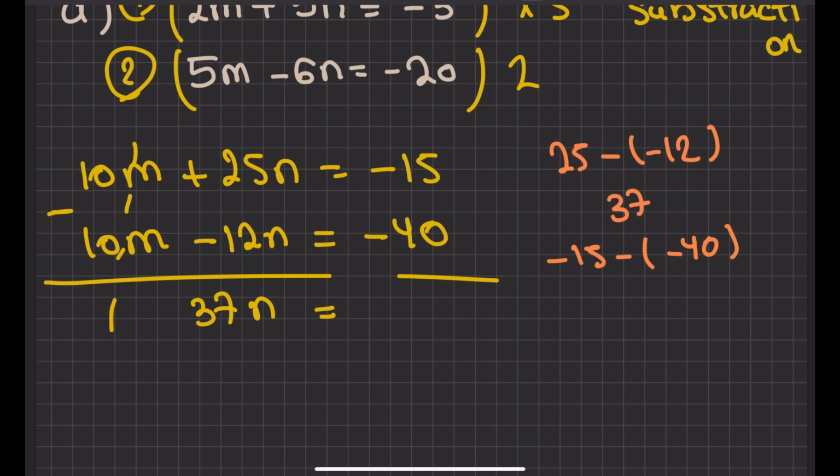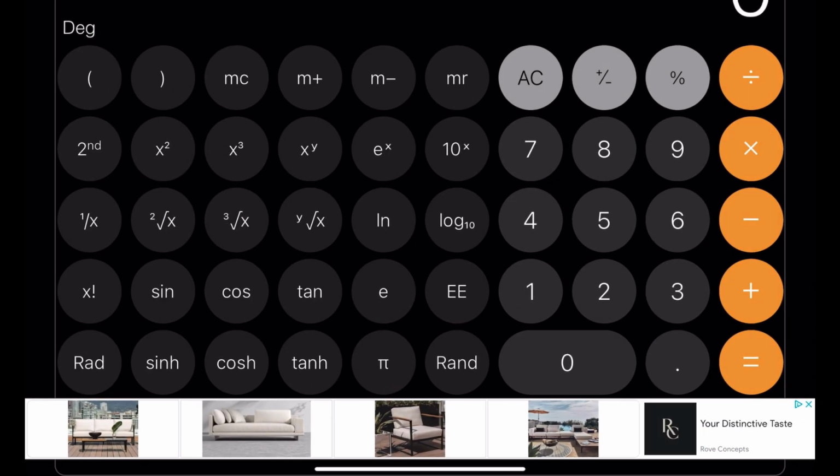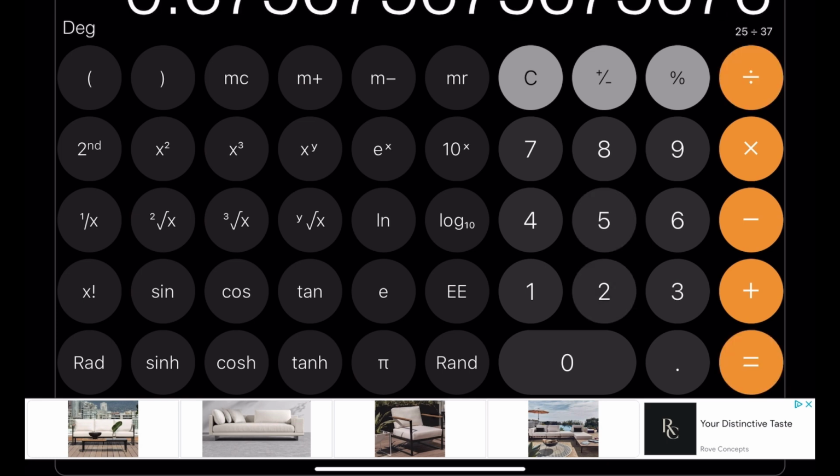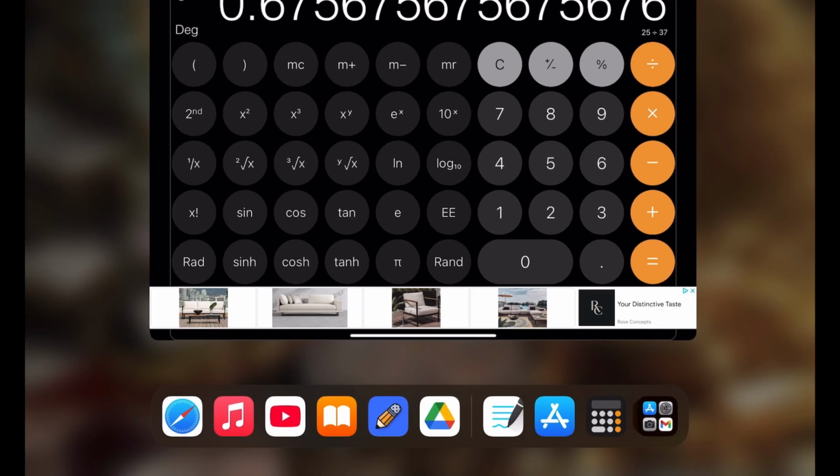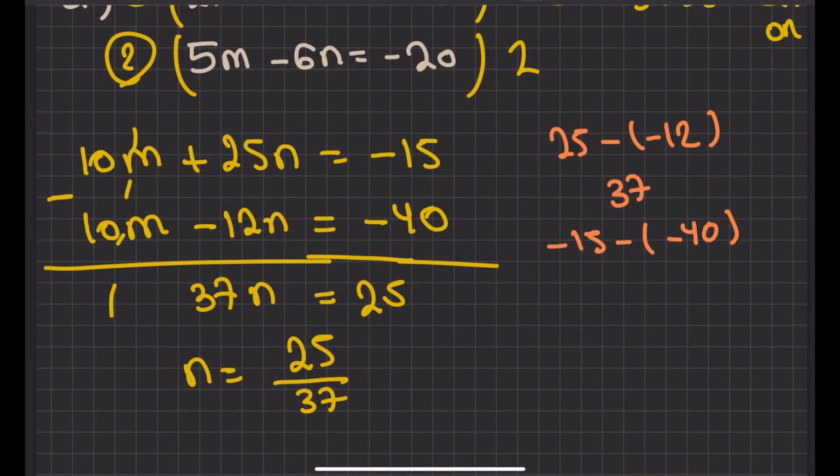I'm going to choose another color. 25 equals 37n, so n equals 25 divided by 37, which is 0.67.